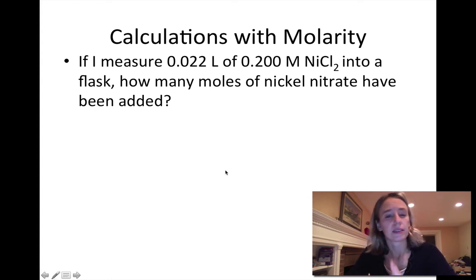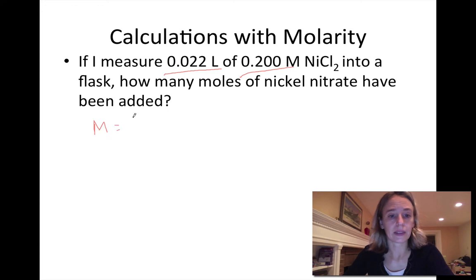Let's look at this a slightly different way, using the same formula but in a different manner. If I measure out some volume of a solution of a given molarity, how many moles of, in this case, nickel nitrate do I have? I can set it up the same way.